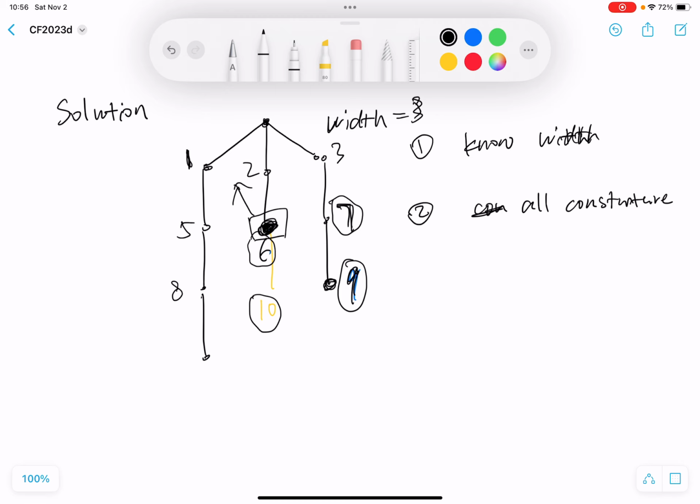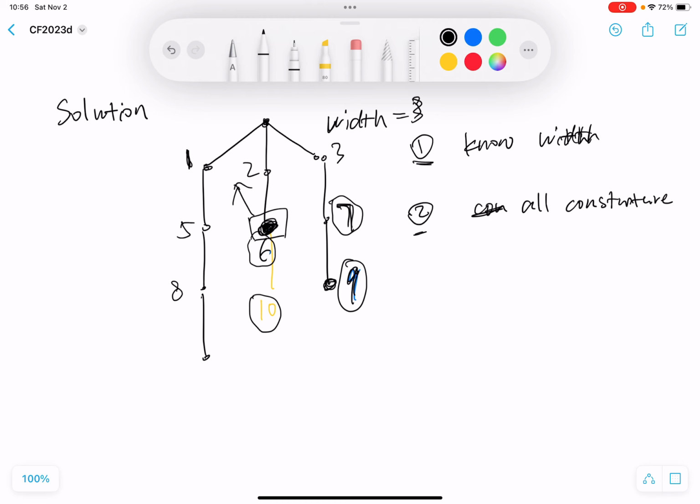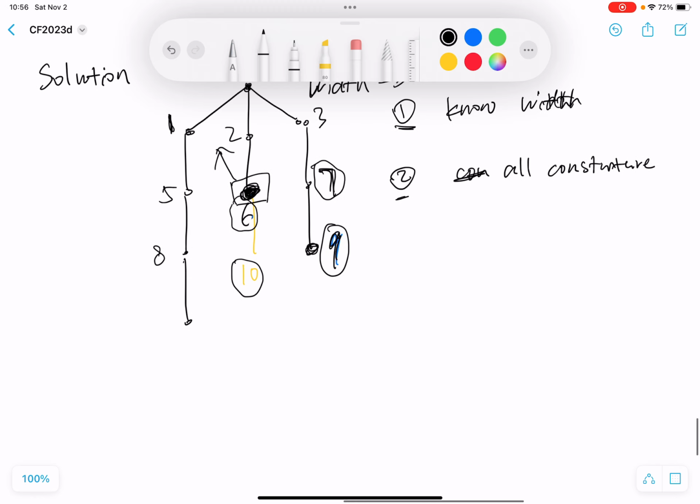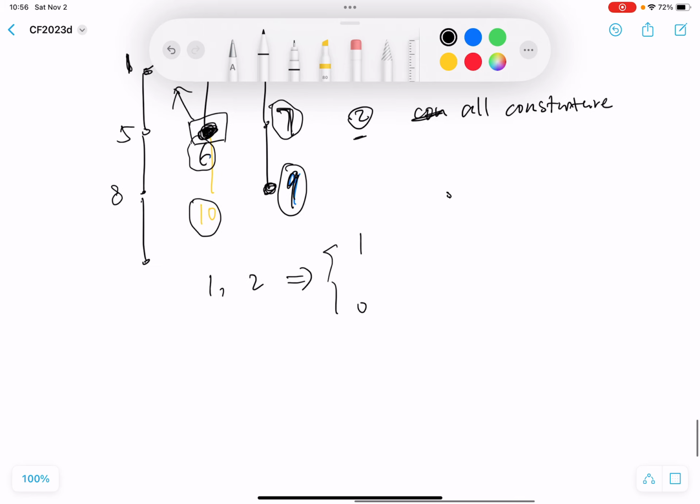So let's come back to the step solution: one step and second step. First of all, we can check 1 and 2. There are two kinds of results, 1 and 0. If it's 1, that means this will be 2. If it's 0, that means this is 1, this will be 2.